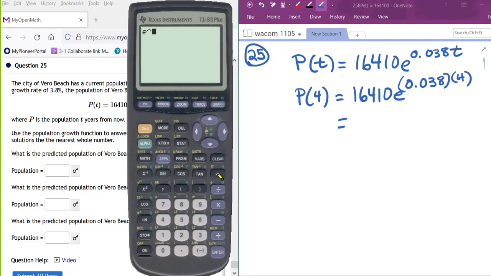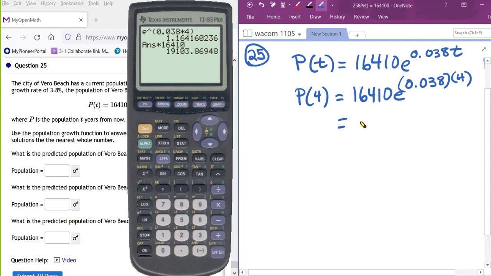You have math here, so put it in parentheses. And it doesn't matter whether you put that 0 to the left of the decimal or not. Remember to close your parentheses. And I will go ahead and hit enter. Times your 16,410. Enter. And there we go.